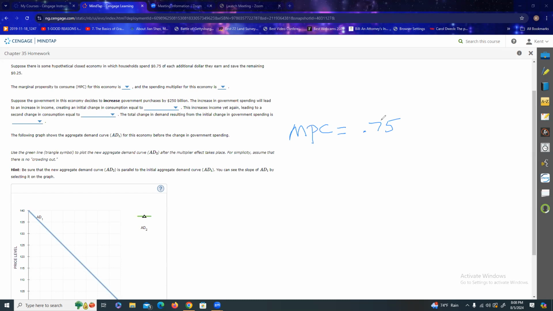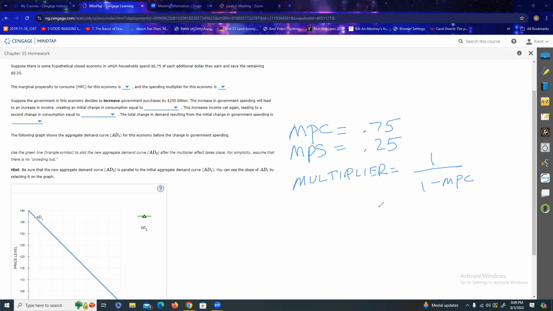And that means their marginal propensity to save is simply the complement of 0.75, which is 0.25. And it tells us that in the problem. So you remember the multiplier is just 1 over 1 minus the marginal propensity to consume.